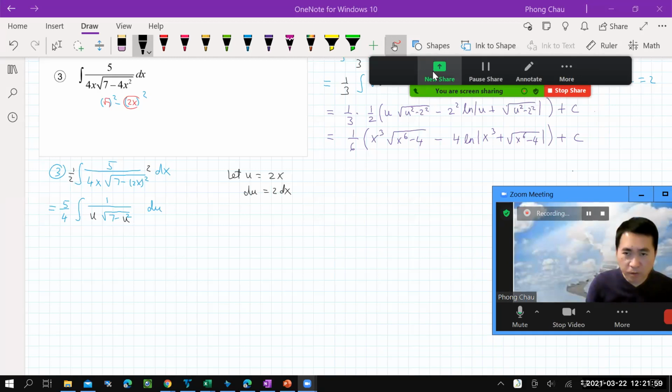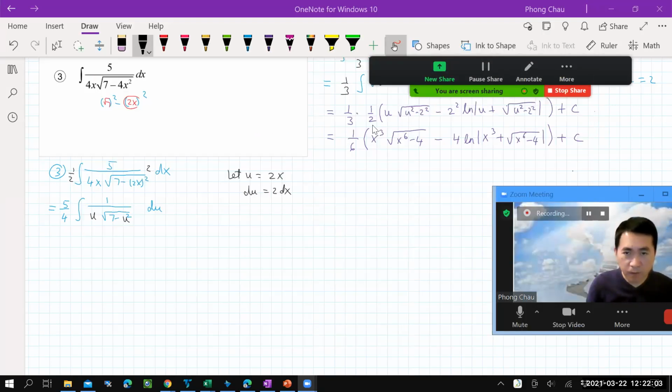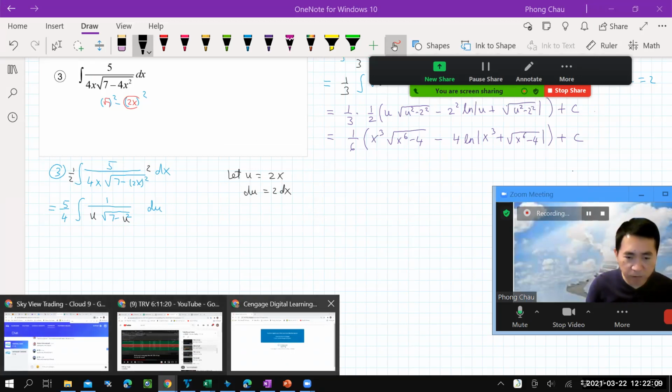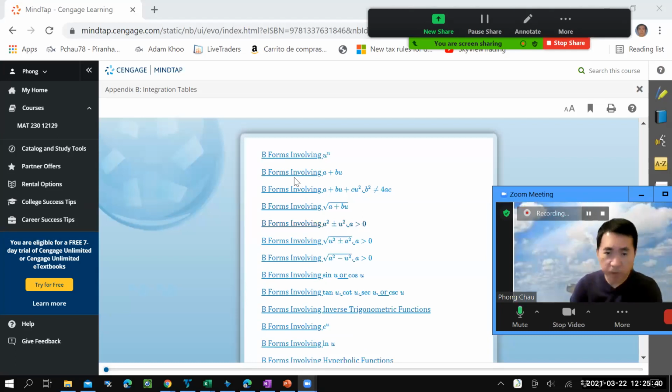So we have, let's see here, what's the formula again? Looking at the formula, we're looking at square root of a difference of squares, right?